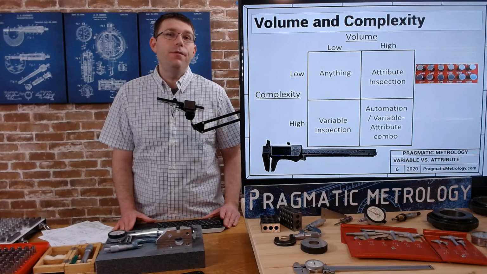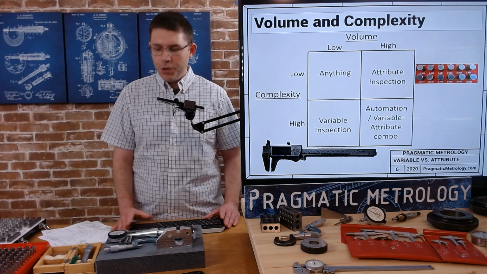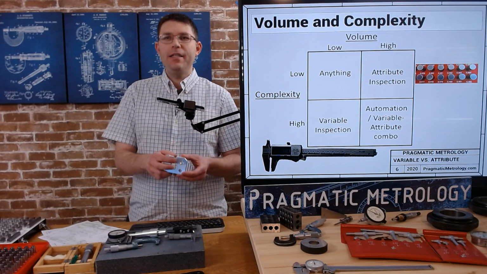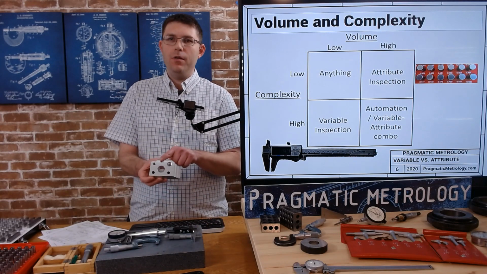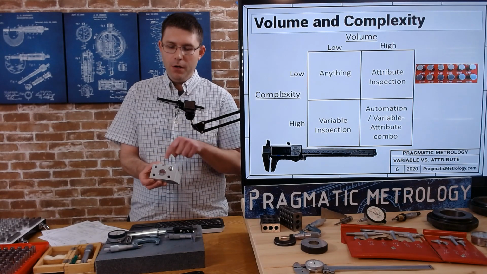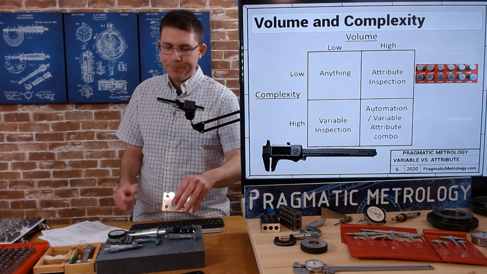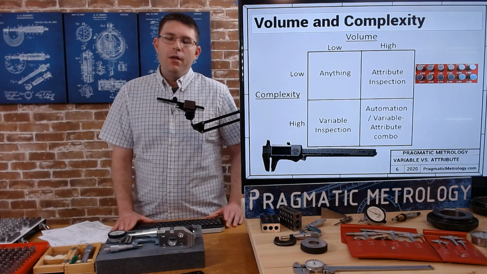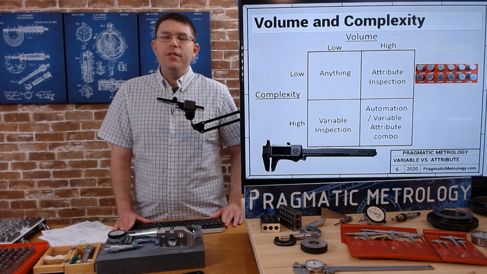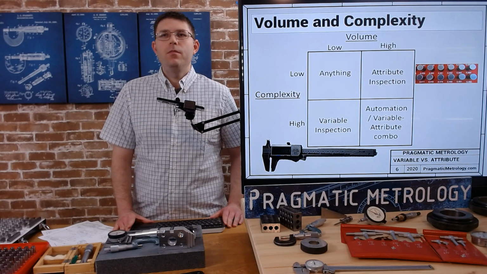Maybe you still do a few checks manually, bore sizes, but when you're relating feature sizes and locations to other features, like this hole to here, this hole to here, this slot relative to the side, whatever the print says, that might lend itself to an automated CMM inspection or another type of robotic inspection.